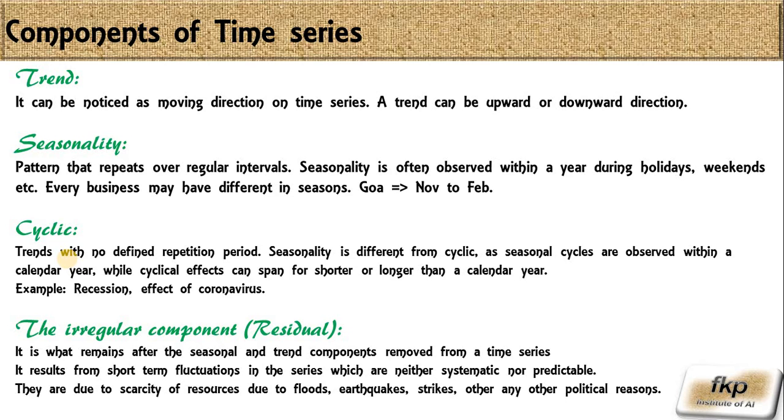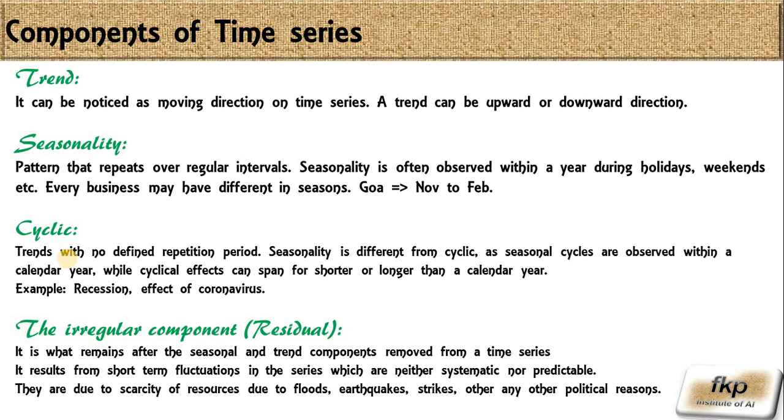The third component is cyclic. We cannot easily see it on the time series, but the meaning of the cyclic component is that there is some change on the time series, but we don't have a defined recurrence for when it is going to occur again.